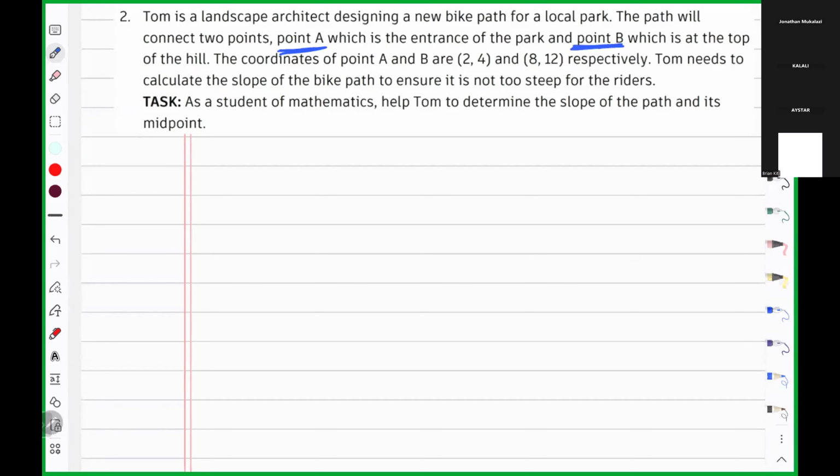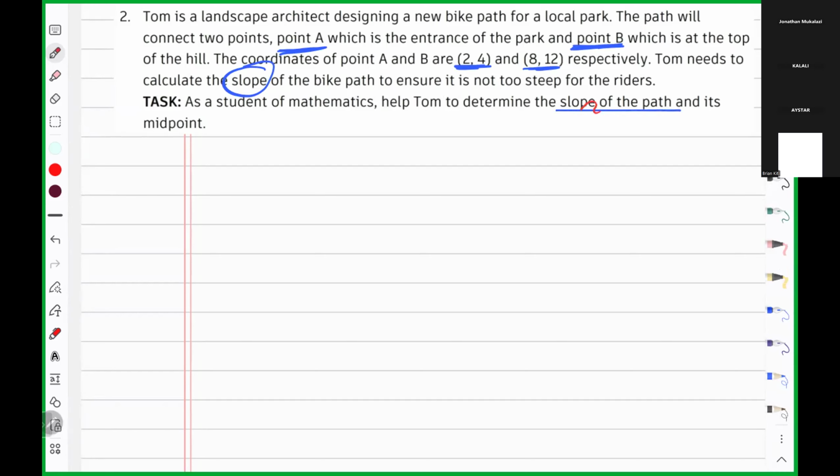The coordinates of point A and B are 2, 4 and 8, 12, respectively. Tom needs to calculate the slope of the bike path to ensure it is not too steep for the riders. Then our task is to help Tom to determine the slope of the path and its midpoint.